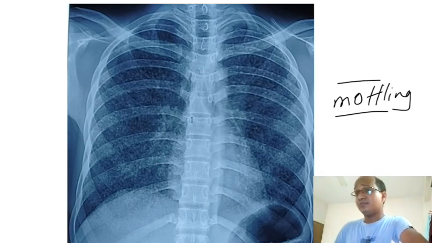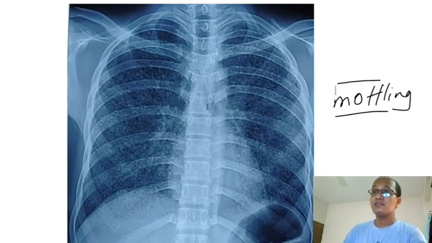So now the next question will be, what is the diagnosis? From your teacher, the question will be what is the diagnosis, but the answer will not be a single diagnosis, rather a differential diagnosis. That means you will put multiple answers.